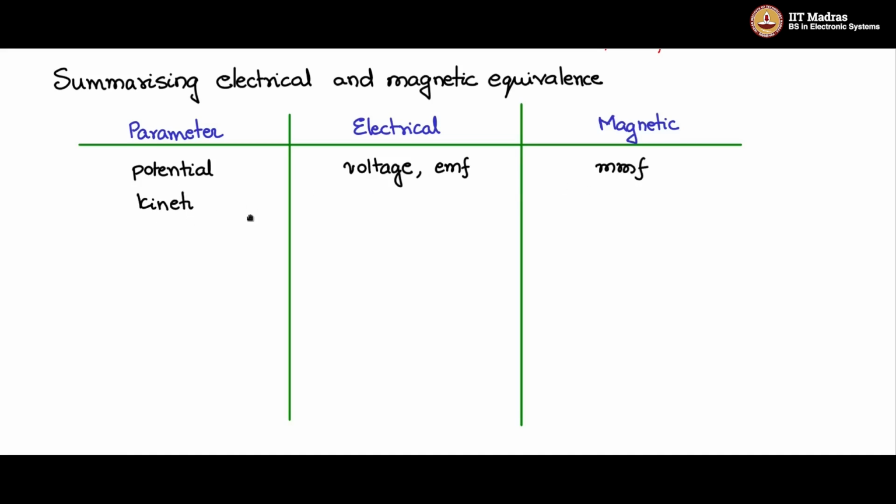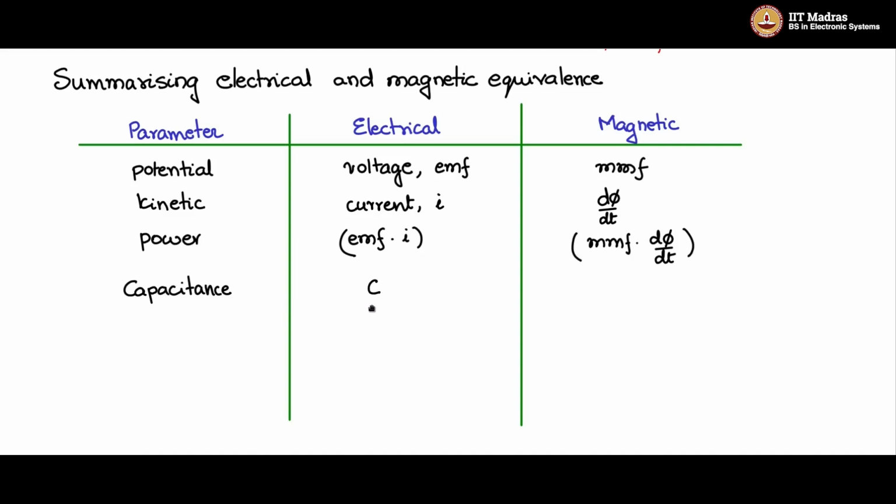The kinetic or flow parameter in the electrical domain is current I, amps, and in the magnetic domain it is d phi by dt. Power in the electrical domain is EMF, voltage into current, or the potential into the kinetic variable. Here also it is the same thing, potential variable mmf into d phi by dt, and both have units of power, which is watts. This is watts and this is also watts.